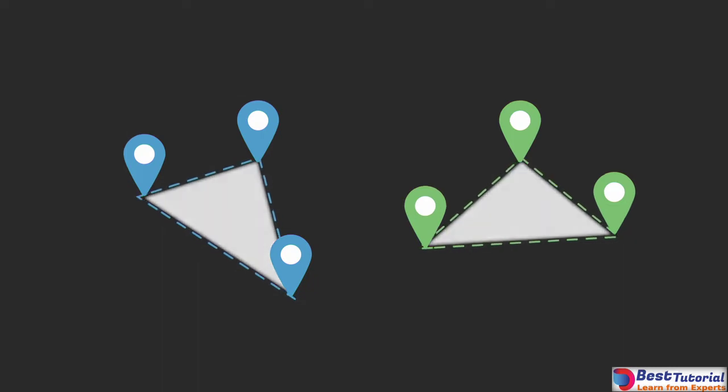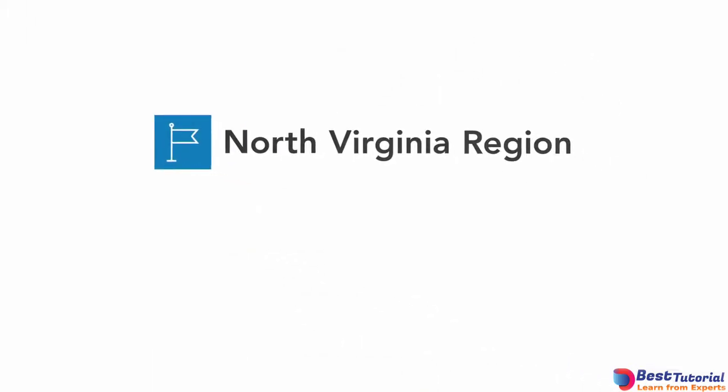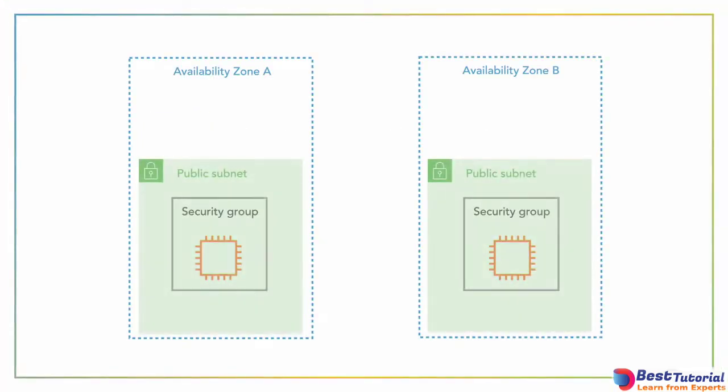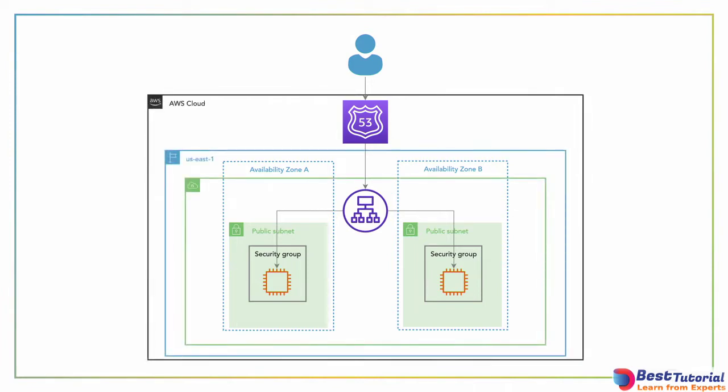The availability zones are clustered together by region. So all of the availability zones near North Virginia are called the North Virginia region, or US East 1. And the availability zones within North Virginia are labeled as US East 1A, US East 1B, and so on. Since each availability zone has so many redundancies, if you go with a multi-AZ architecture and run your services across at least 2 availability zones within a region, you are protecting yourself fairly well by running everything out of a single region.